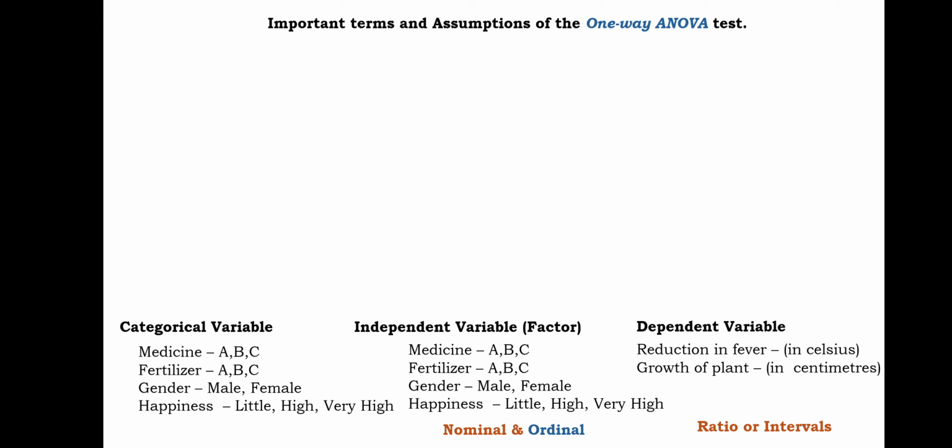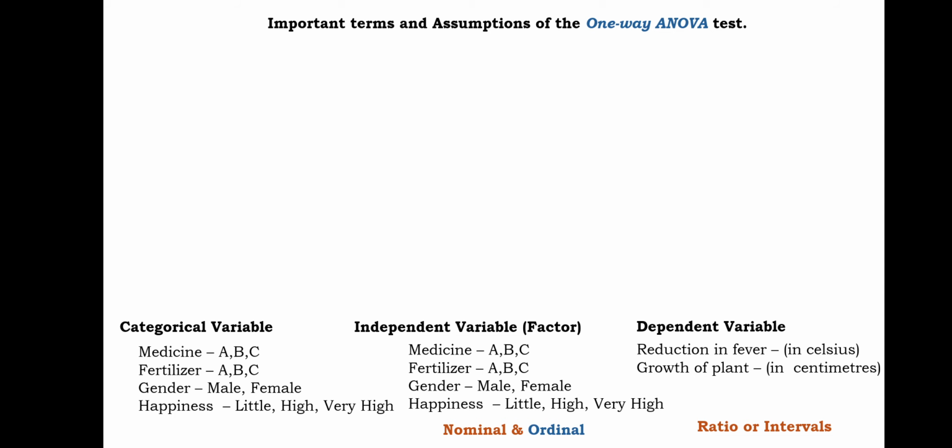in order to do a one-way ANOVA test, the dependent variable must be on a ratio or interval scale. It means it should be on a higher scale. As we know, there are four scales of measurement in research on our data. Data can be measured on four scales: nominal, ordinal, ratio, and interval.